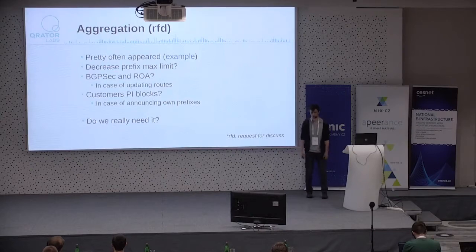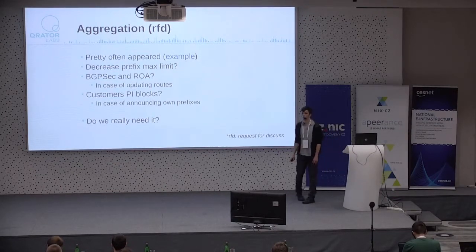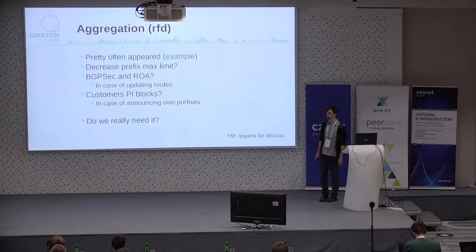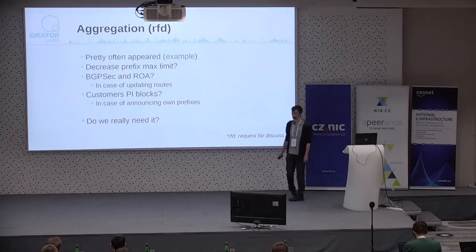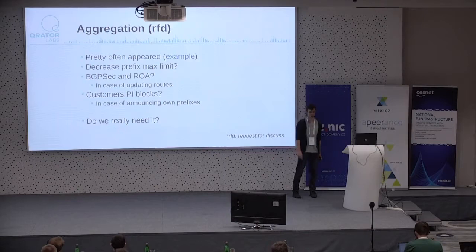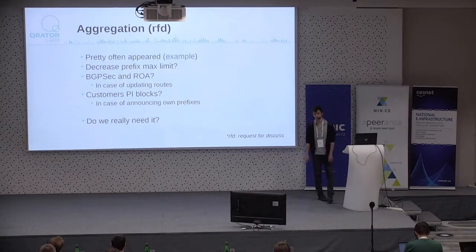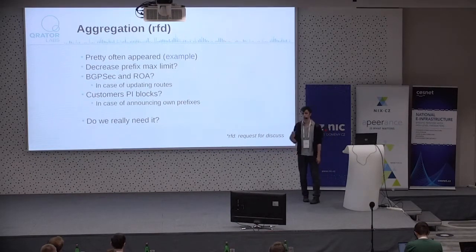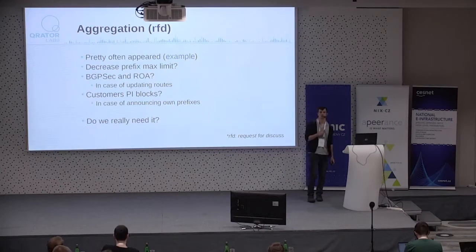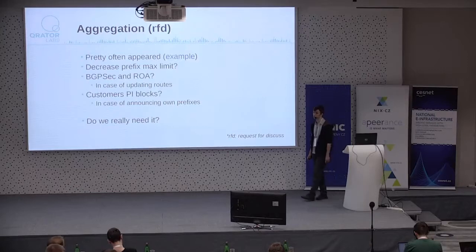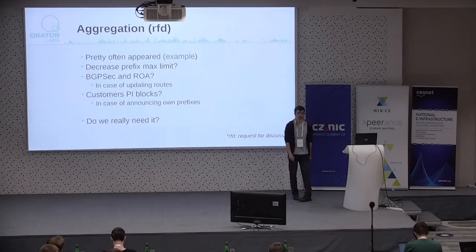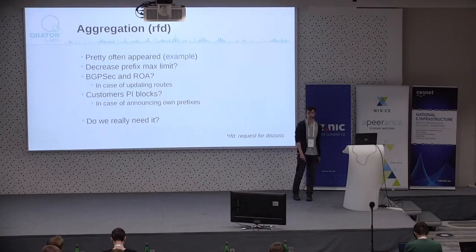Okay, and when I was preparing this presentation, I met a few suggestions that I don't fully agree with. The first was to aggregate your customer routes if you are a transit ISP. And what does it mean? First of all, there are two methods for aggregation. The first is to use a standard BGP approach, and it will result in AS_SET, atomic aggregate, and so on.